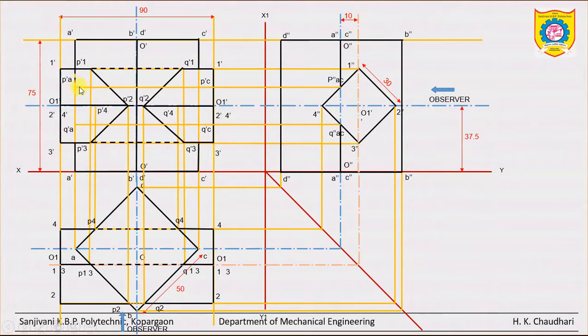So just up to this point PA, this portion, see the portion of this vertical edge from here to P double dash A, we can't observe due to this 1 2 surface. Okay, this portion only. So we have made it hidden here. Similarly from this side on the C edge.